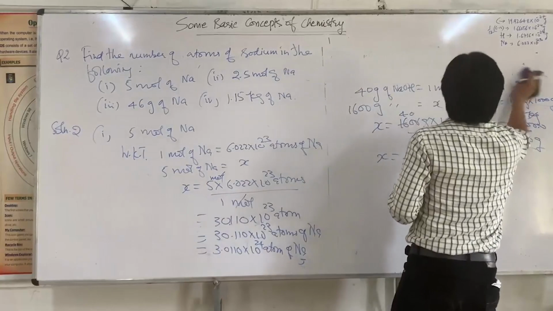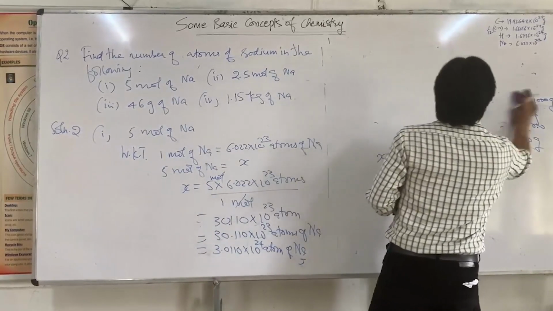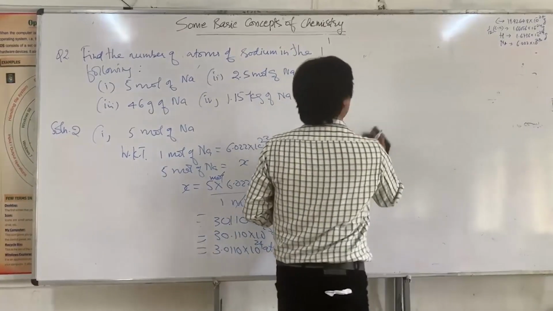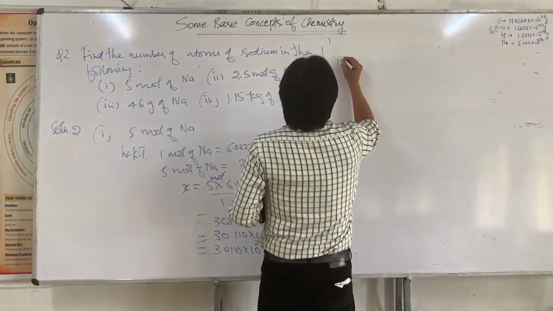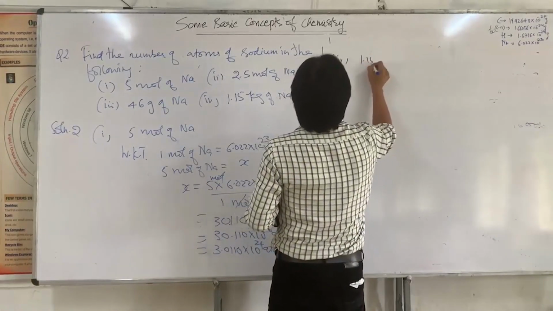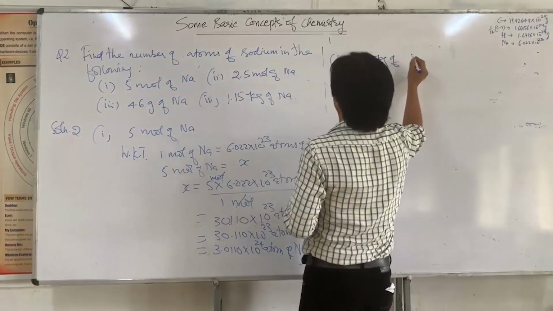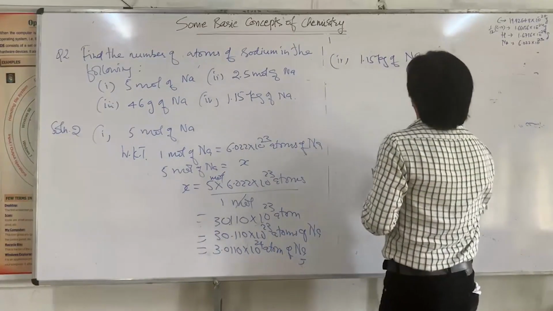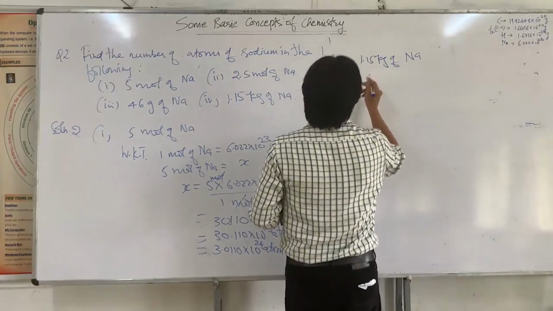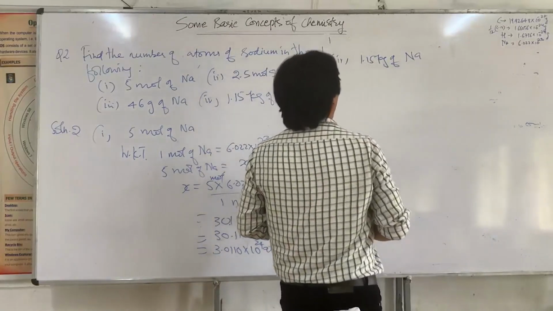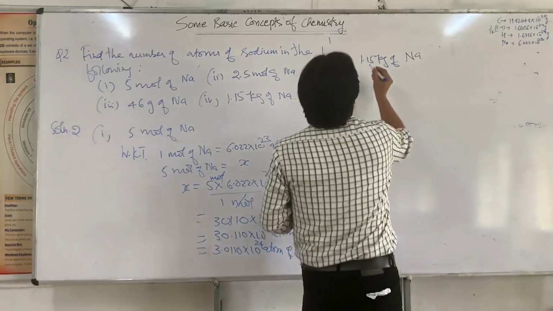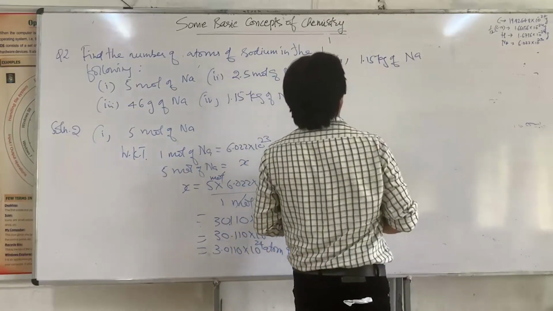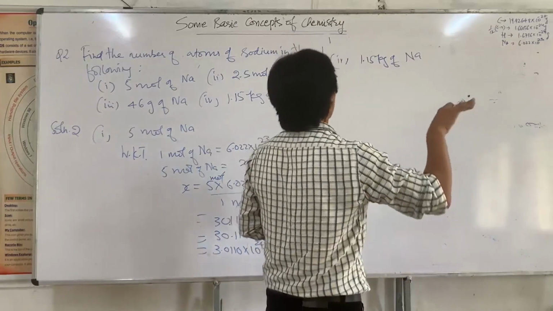And the last one, the fourth one, I should try it. Okay, let's see. You have 1.15 kg of sodium, right? So you know that the molar mass of sodium is 23 grams.